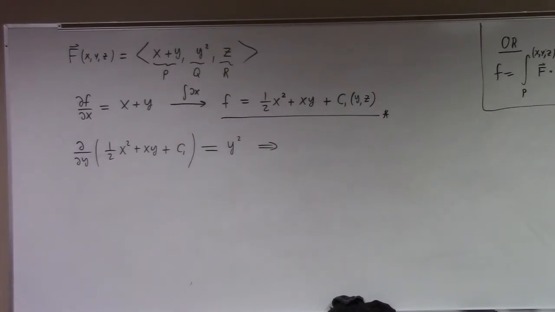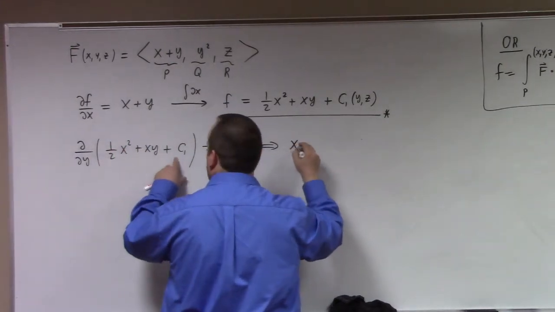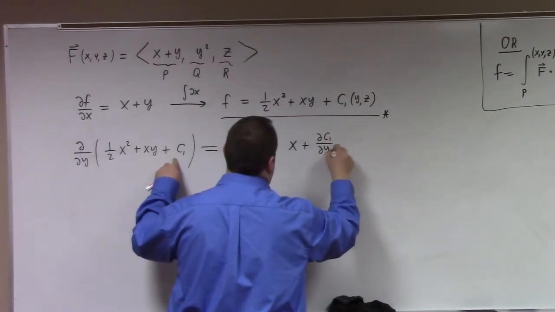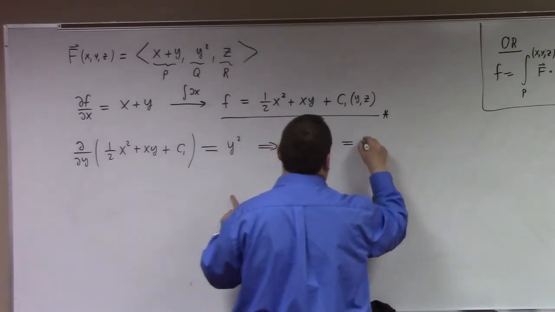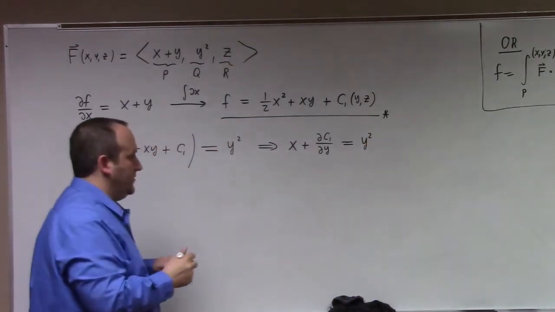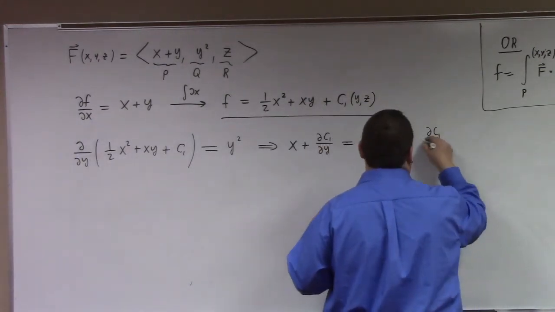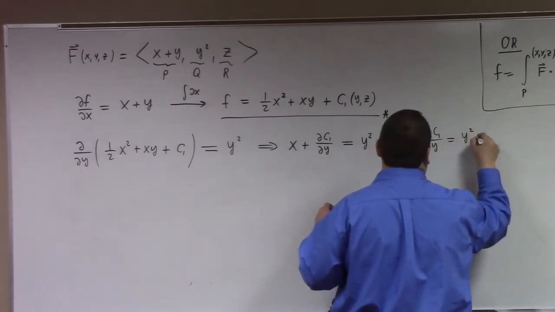Partial y of xy is what? It's x. And then I've got plus partial c1 partial y equal to what? Y squared. But you're right, you have reached the next step. Partial c1 partial y is equal to y squared minus x.